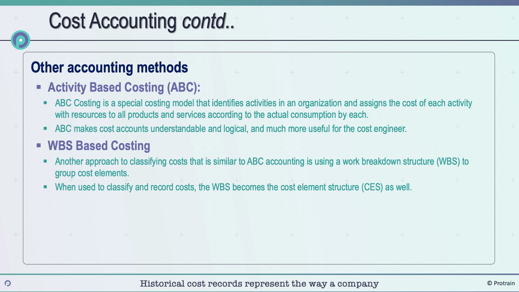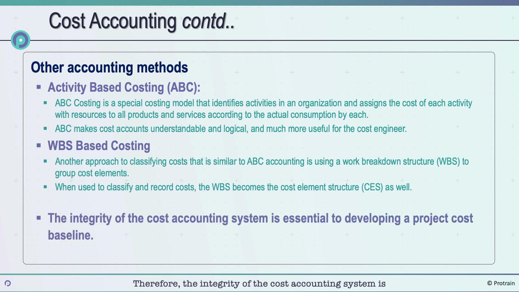Historical cost records represent the way a company conducts its business and can be analyzed to determine whether improvements have been made and how costs may trend in the future. Therefore, the integrity of the cost accounting system is essential to developing a project cost baseline.